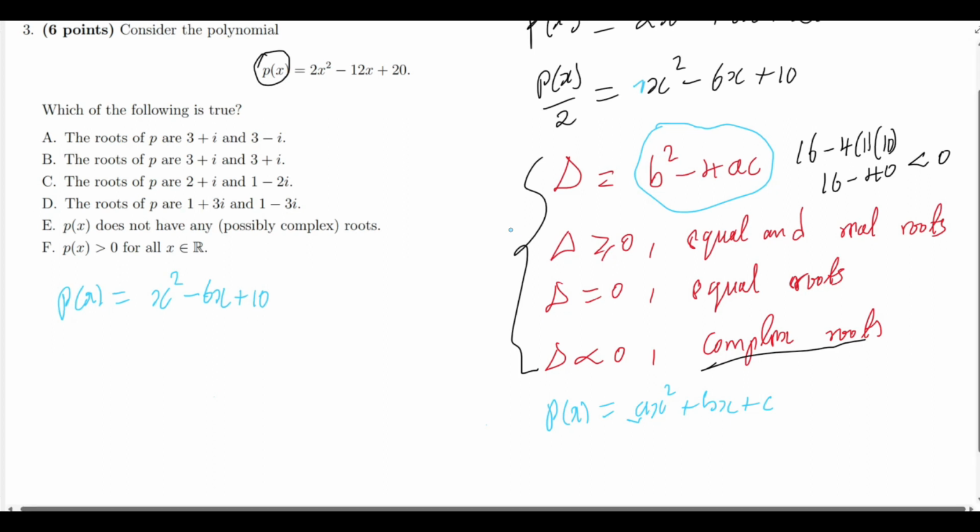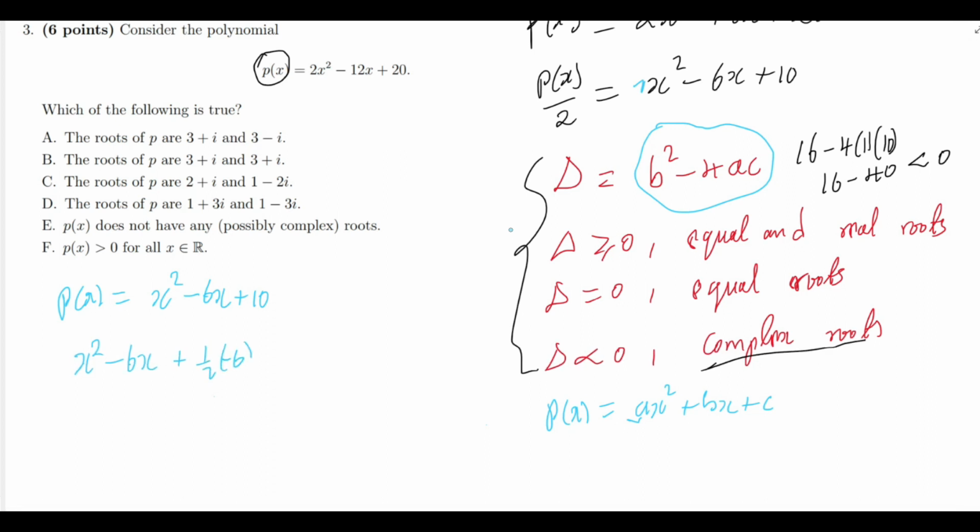So we have x squared minus 6x plus half of minus 6, all squared, then we subtract that again, minus 6 halved, all squared, plus 10.